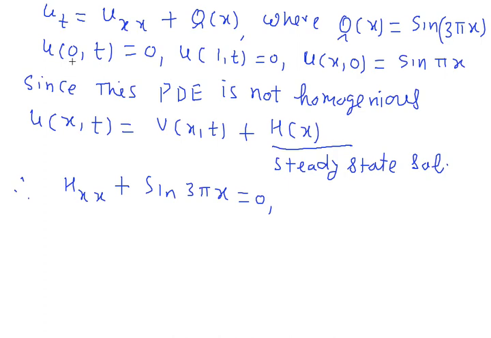With the boundary conditions, you have to choose only the x part. That means h(0) = 0 and another condition at 1, h(1) = 0.